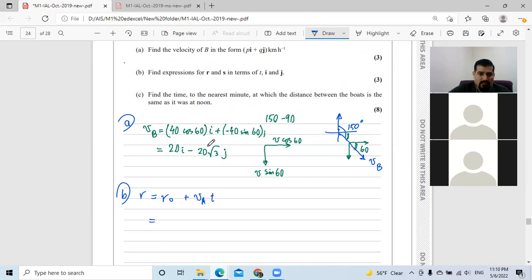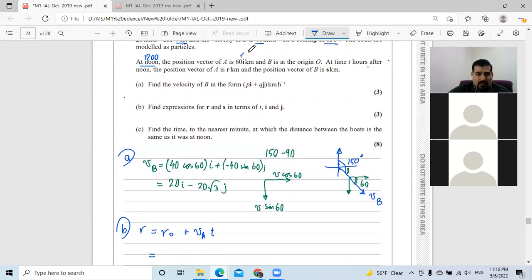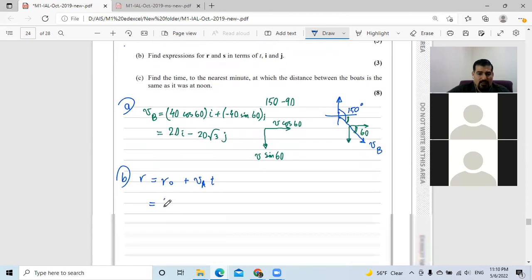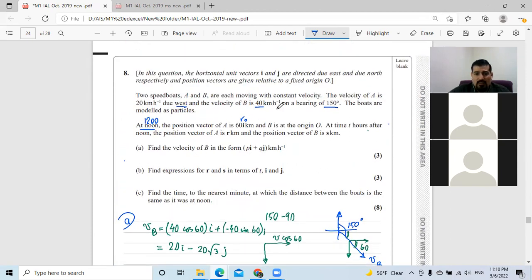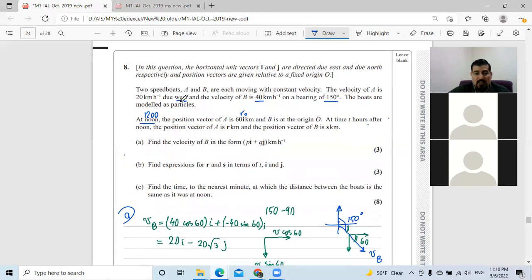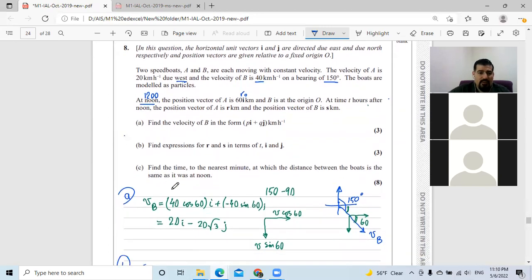Okay, R naught for A is 60i, plus the velocity for A, which was 20 kilometers due west. That means negative i.